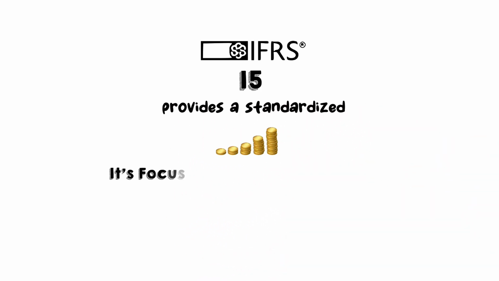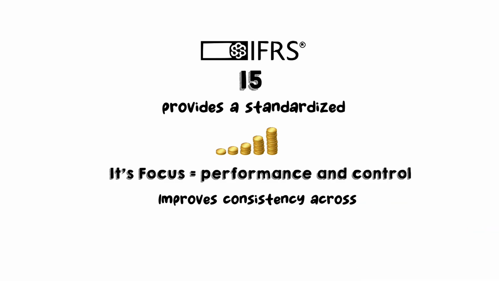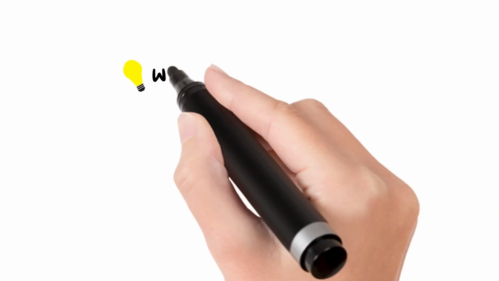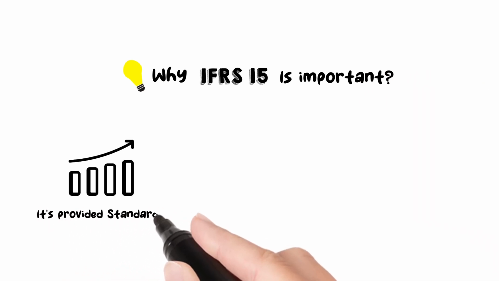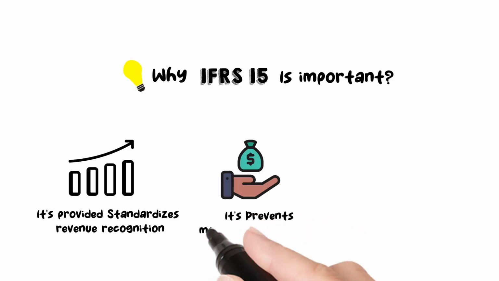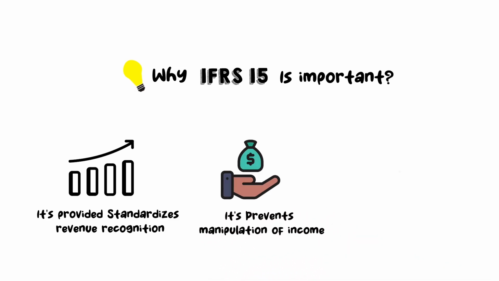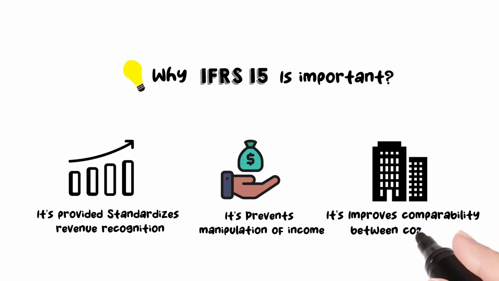Its focus is performance and control. It improves consistency across industries. Why is IFRS 15 important? It standardizes revenue recognition. It prevents manipulation of income. It improves comparability between companies.